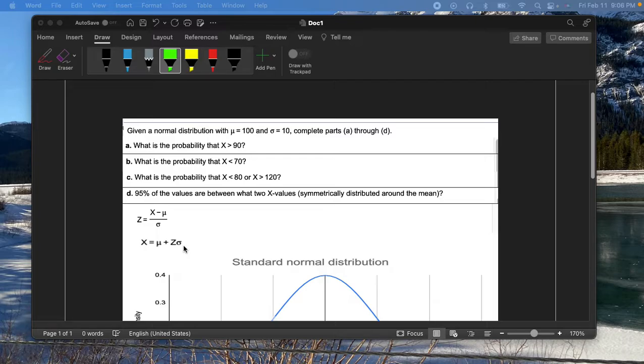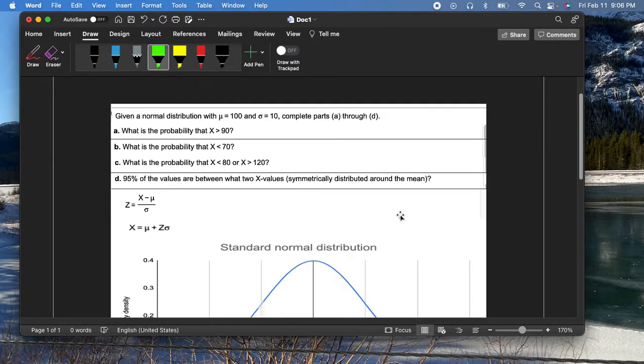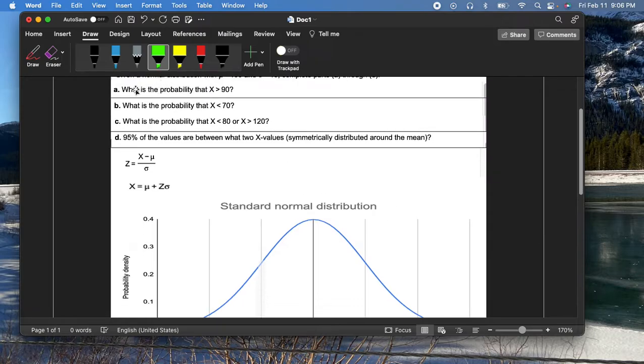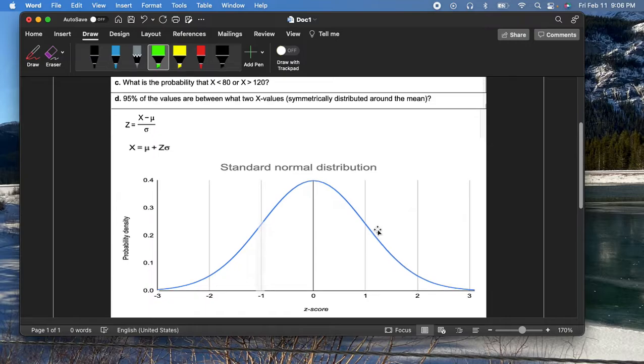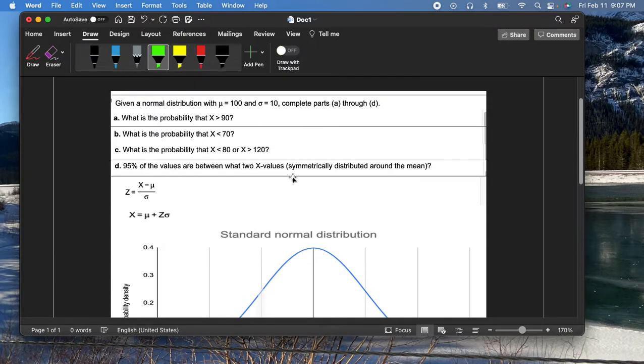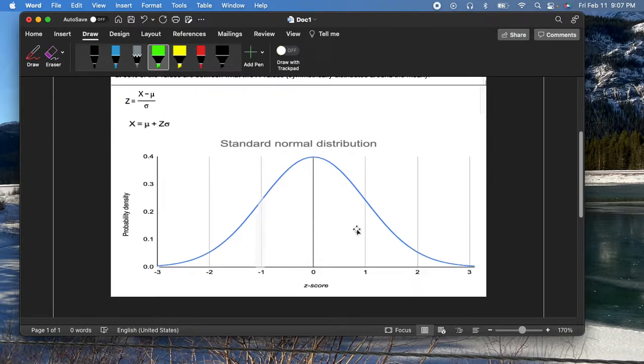Okay, so what is the probability that X is higher than 90? Before we start, let's take a look at what it's asking us. We don't know where 90 sits; all we know is that the mean is 100 and the standard deviation is 10. Remember, on a normal distribution, the mean is always right in the center.